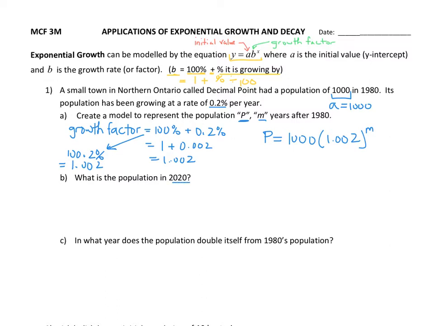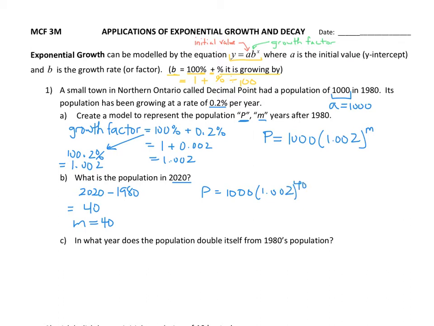So what is the population in 2020? We need to figure out how many years have passed since 1980. So we're going to take 2020 and subtract 1980 from that, and that gives us 40 years. So our m is equaling 40 here, and we're going to calculate the population then. It's just a matter of putting this in your calculator. Now remember, BEDMAS says that you have to apply exponents before you multiply.